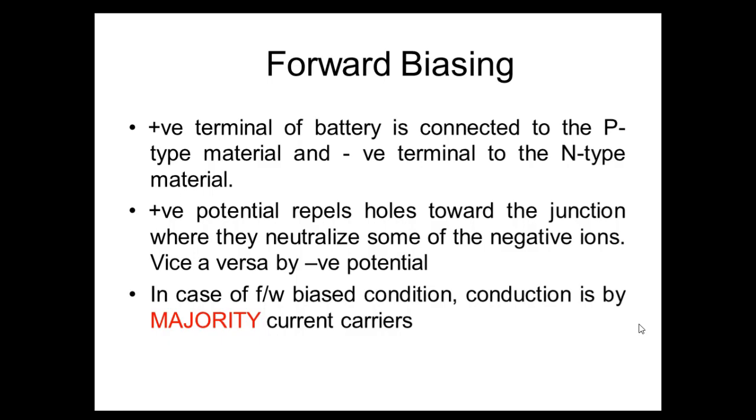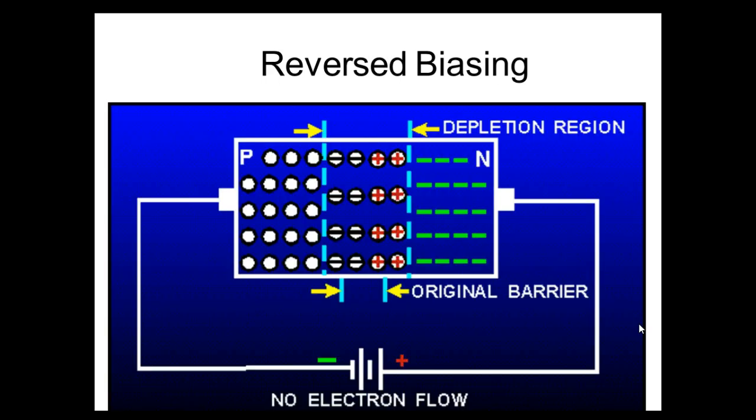Then the second type of biasing is reverse biasing, just the opposite one. We will be applying the negative potential of the external voltage to the p-type material and the positive potential to the n-type material.